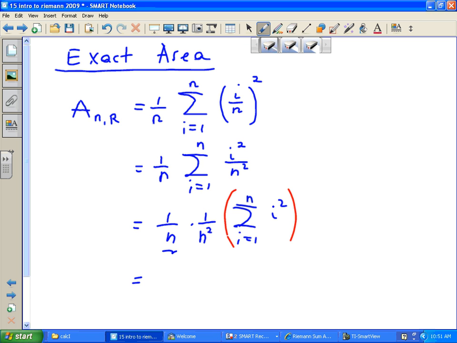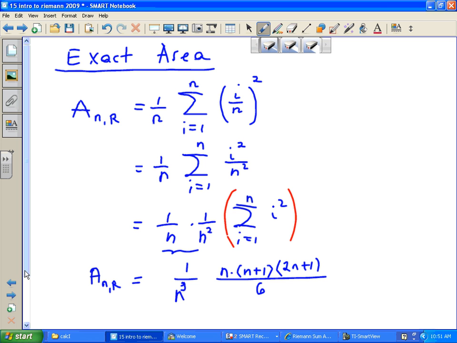And the first two is 1 over n cubed. And Ryan is correct. The summation of i squared, which we learned today, is n times n plus 1 times 2n plus 1, all over 6, right? So here we have the area using n rectangles and using the right sums.